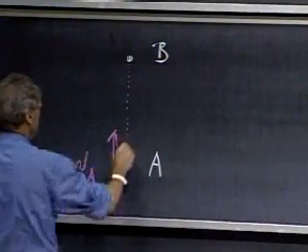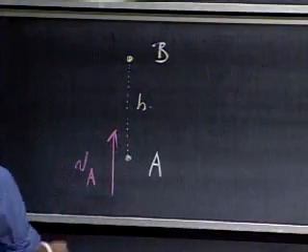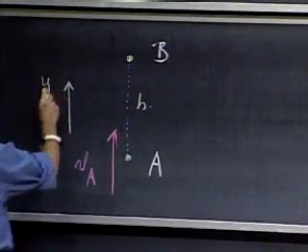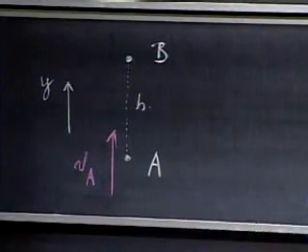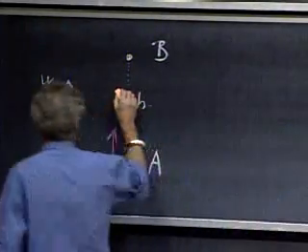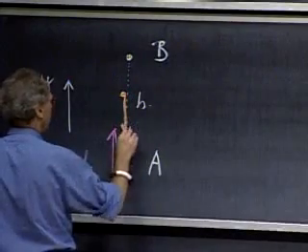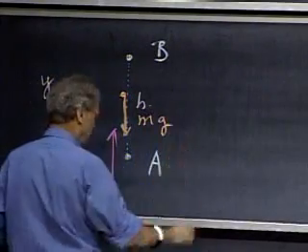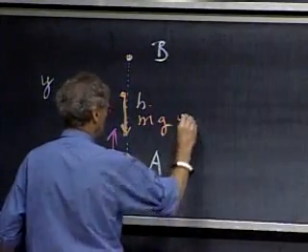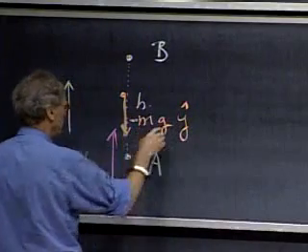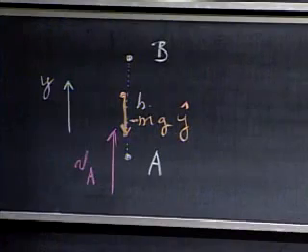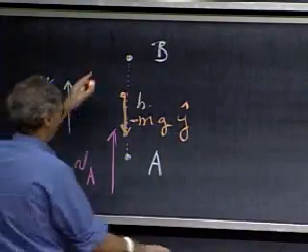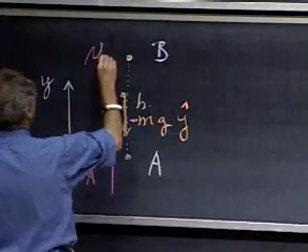And let the separation be h, and this could be my increasing y direction. The object has a mass m, and so there is a gravitational force, which is mg, and if I want to give it a vector notation, it's minus mg y-hat, because this is my increasing value of y. When it reaches point B, it comes to a halt.